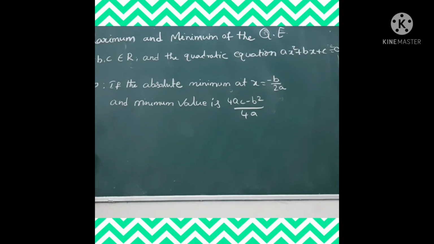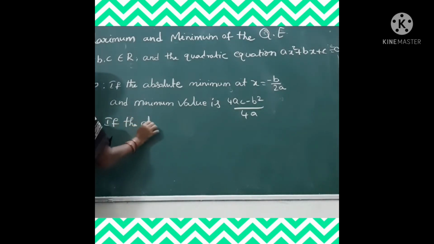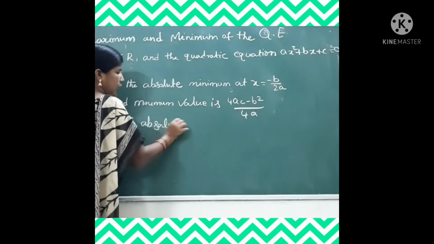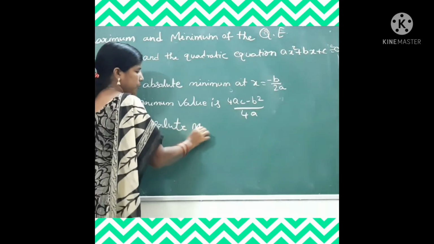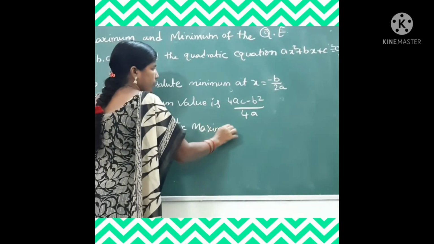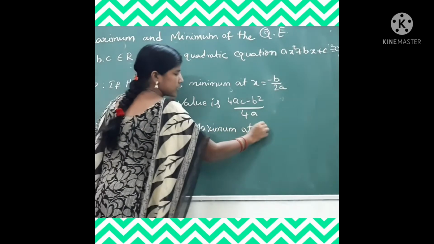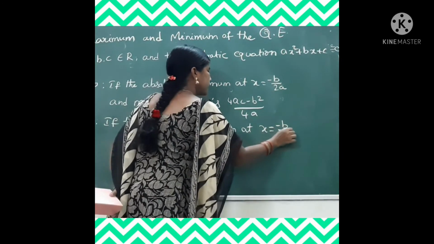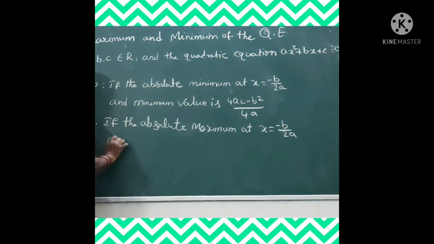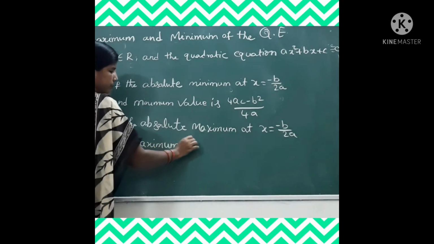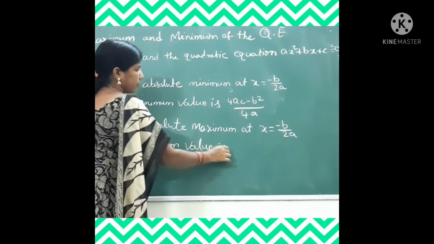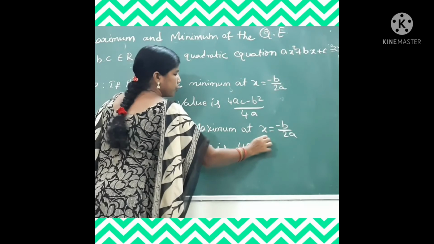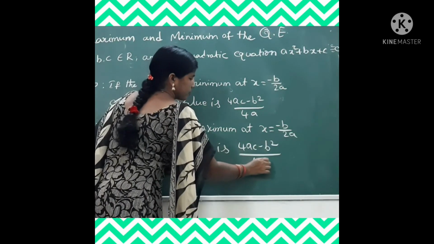And second condition is a is less than 0, if the absolute maximum at x is equal to minus b by 2a and maximum value is 4ac minus b square by 4a.